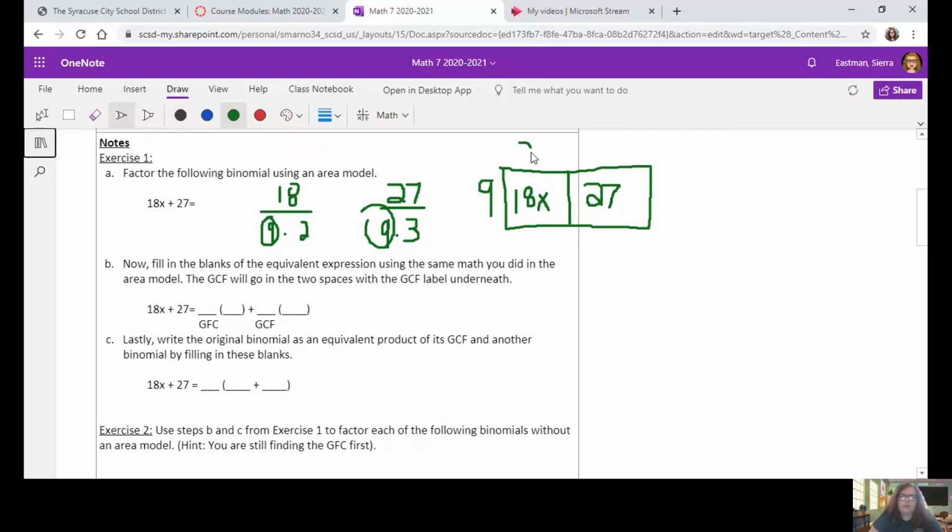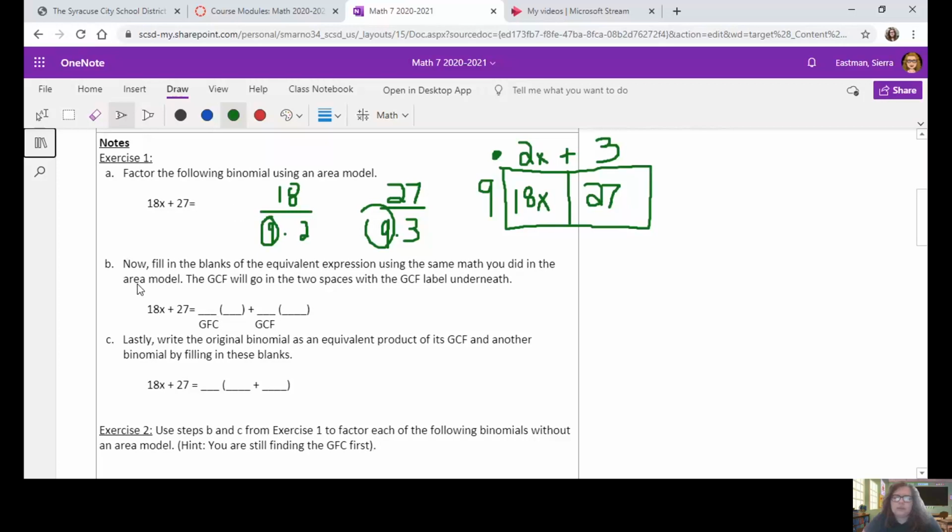Then we'd have the 2 on top here with an x to make 18x when we multiply, and the 3 on top here to make 27 when we multiply by that 9 again. Adding in the middle, and this is our new product, 9 times that new binomial.